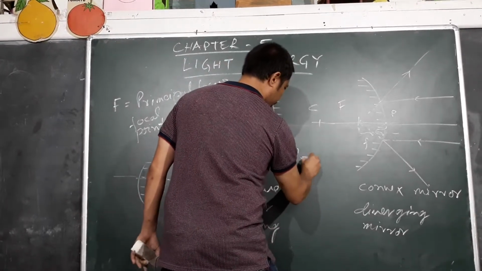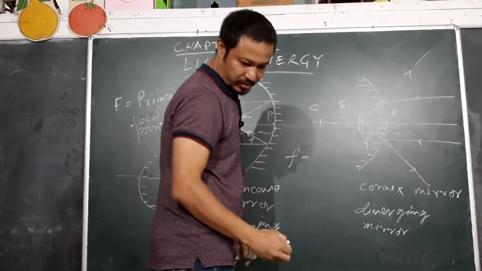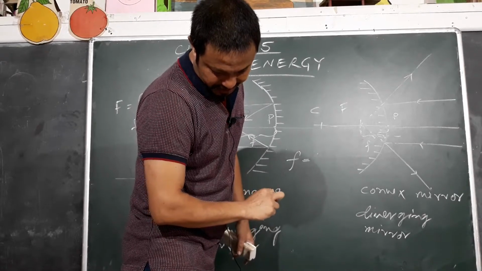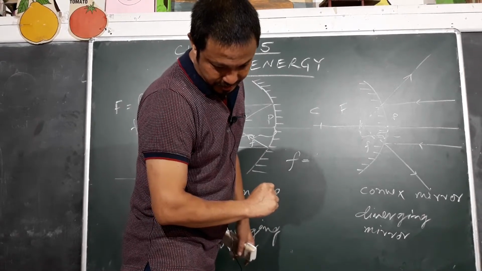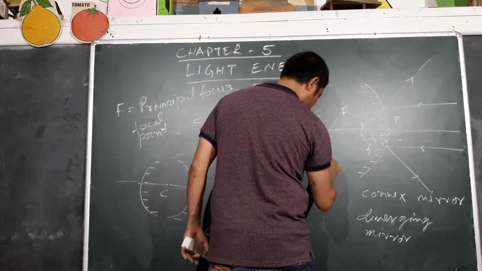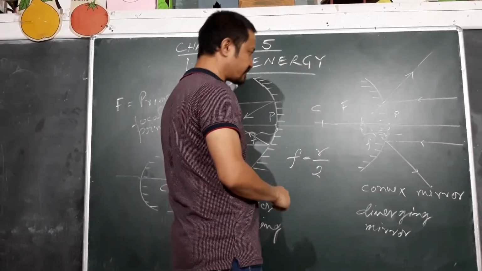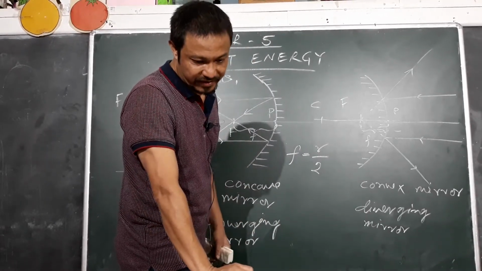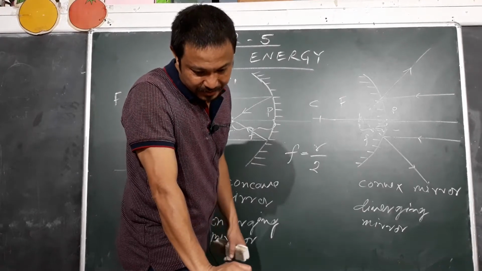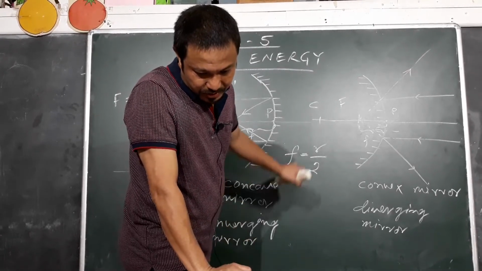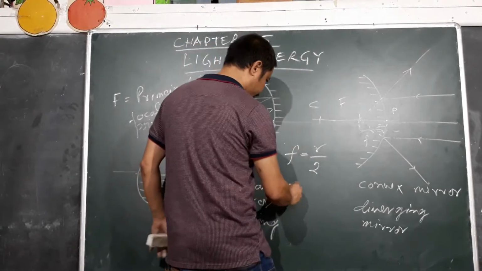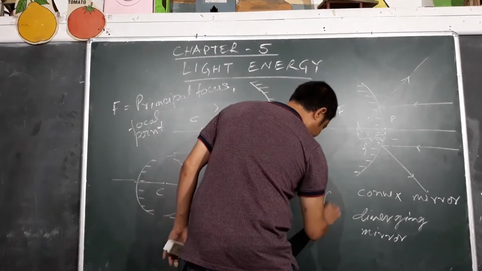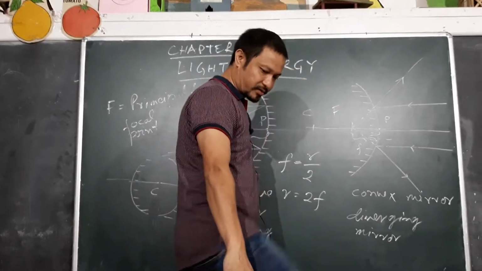The book says F is equal to R upon 2, since they are talking about the radius of curvature, which is denoted by R. So that's the way you go about it.